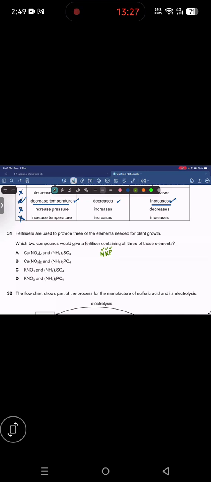Fertilizers are used to provide the three elements needed for plant growth. Which two compounds would give a fertilizer containing all three of these elements? Ahmed gave the answer D. In D you have potassium, nitrogen and phosphorus, so D is the correct answer.